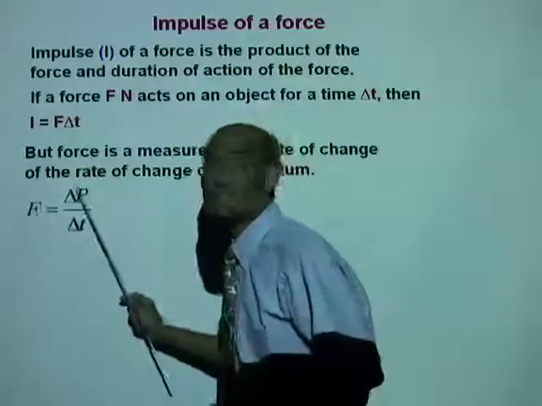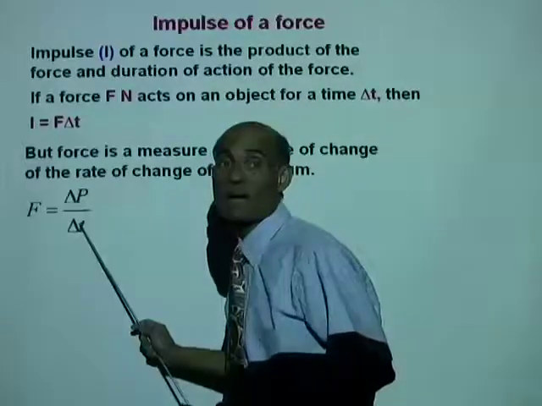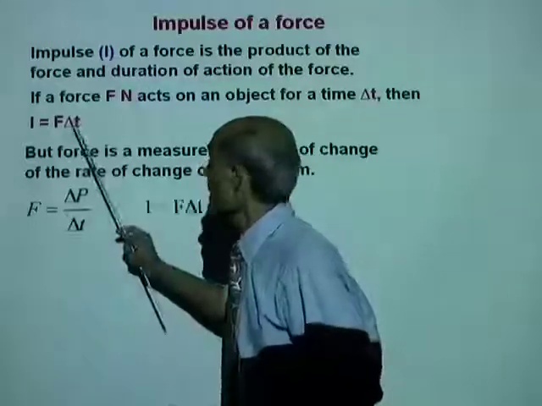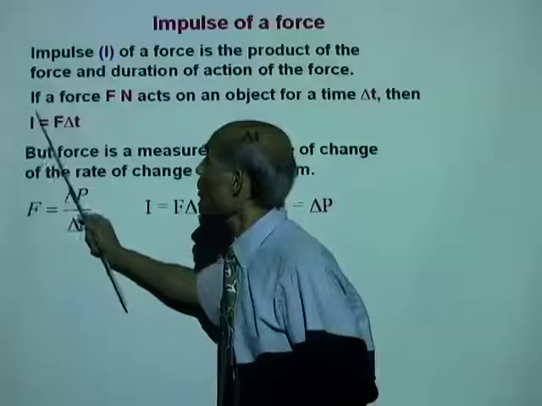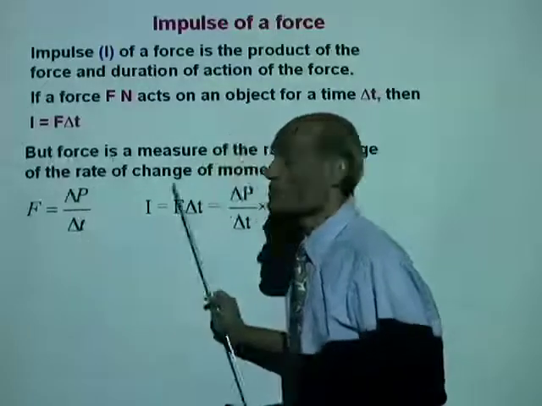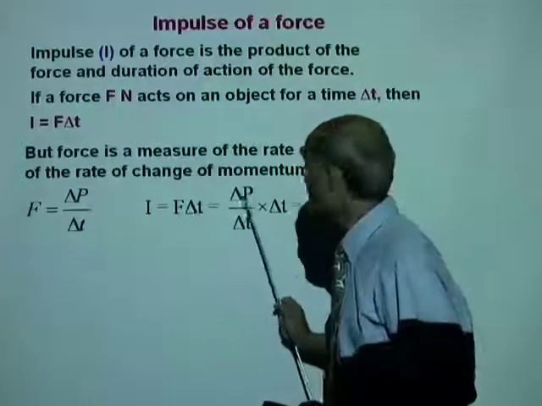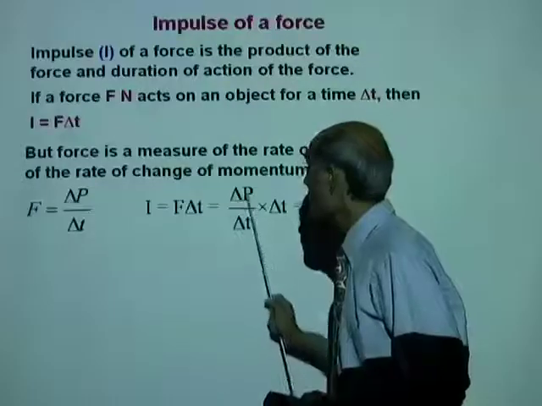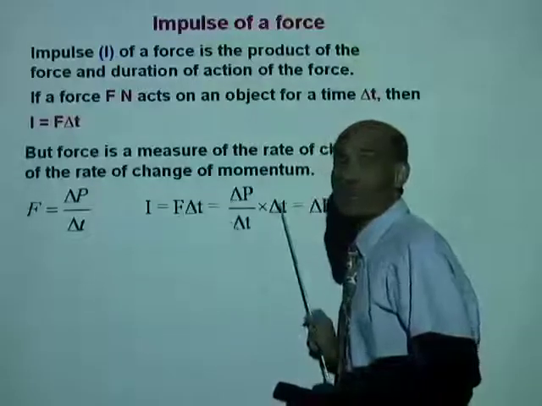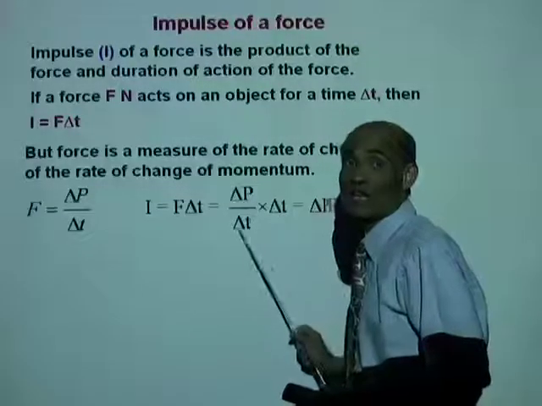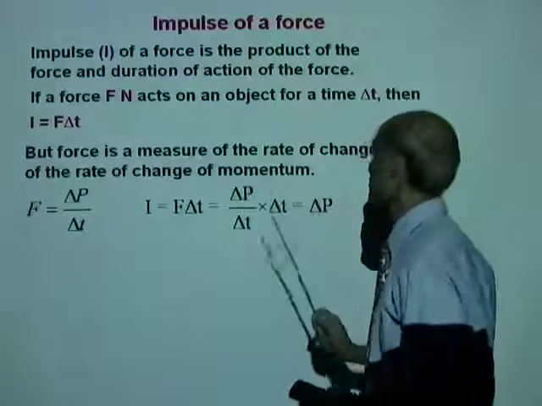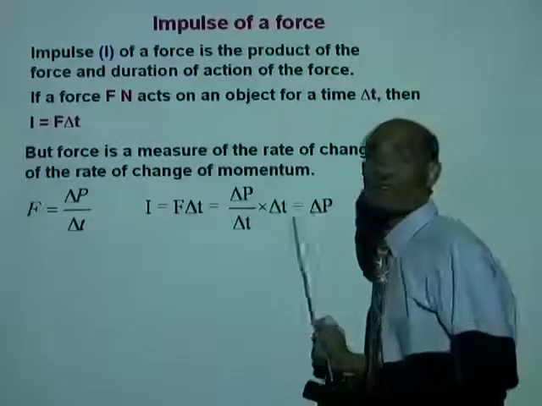So F equals delta P divided by delta t. Therefore, the impulse equals force multiplied by delta t. Force is delta P divided by delta t multiplied by delta t, and the delta t's will cancel.